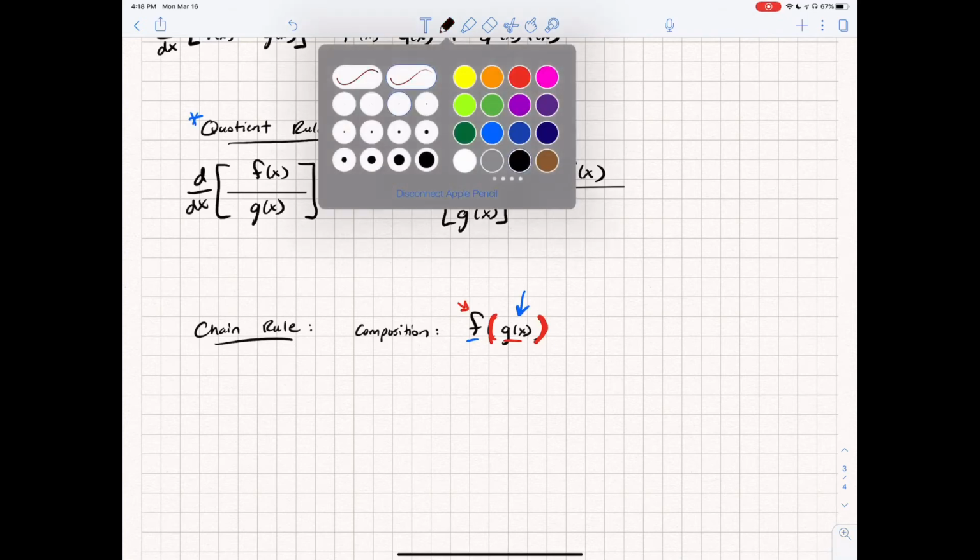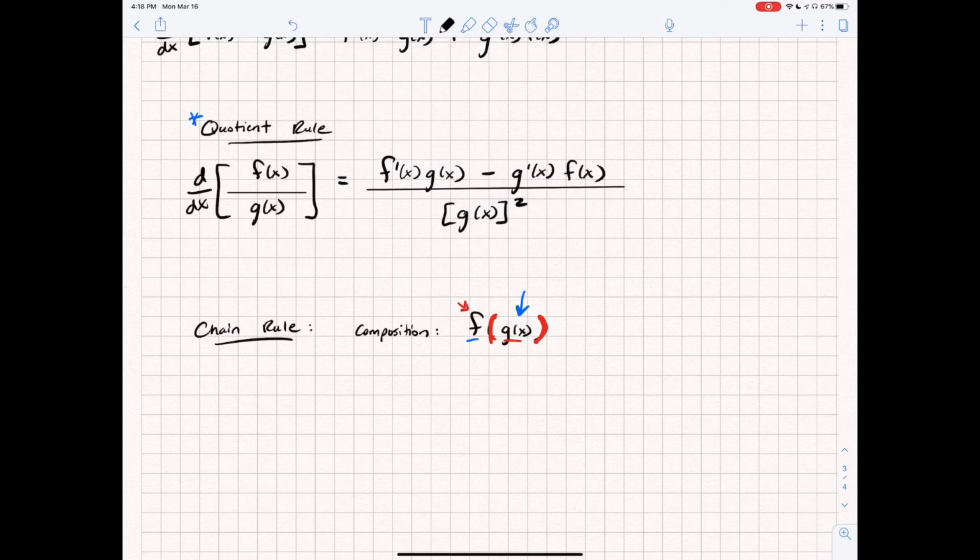And so when I have a composition of functions, something like f of g of x, and I want to know how this composition is changing, I find this derivative by doing the derivative of the outside first, leaving the inside alone, and then multiplying, or chaining, it with the derivative of the inside, which is g prime. And so this is the chain rule.